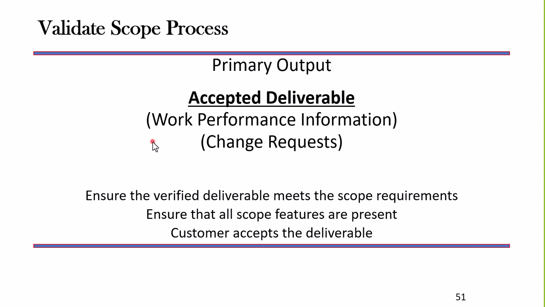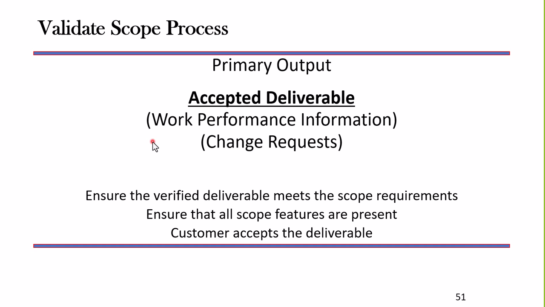So we look at scope and we validate scope, doing a point-by-point inspection to make sure all of the scope is present. Then my output from Validate Scope would be the accepted deliverable. The customer is going to be there with us doing this Validate Scope, and they're going to accept that deliverable.